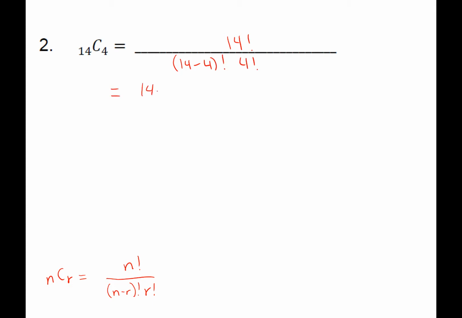All right, so 14 factorial is 14 times 13 times 12 times 11 times 10 times 9, all the way down to 1. Then we have 14 minus 4, which is 10. So 10 factorial would be 10 times 9 times 8 times 7, all the way down to 1. And then 4 factorial would be 4 times 3.